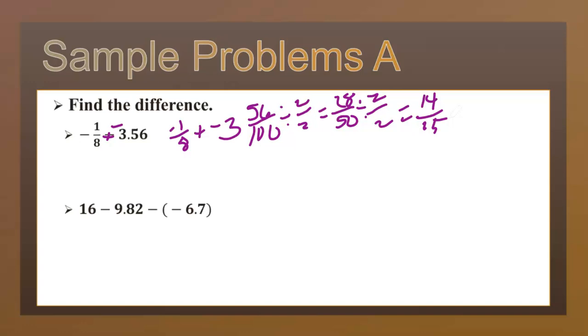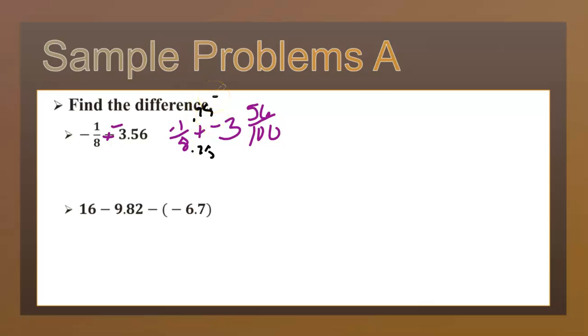And I think I'm going to just get common denominators, make that easier. So the common denominator would be 200. So that means I would have to multiply 8 times 25. So that would give us 25 over 200.